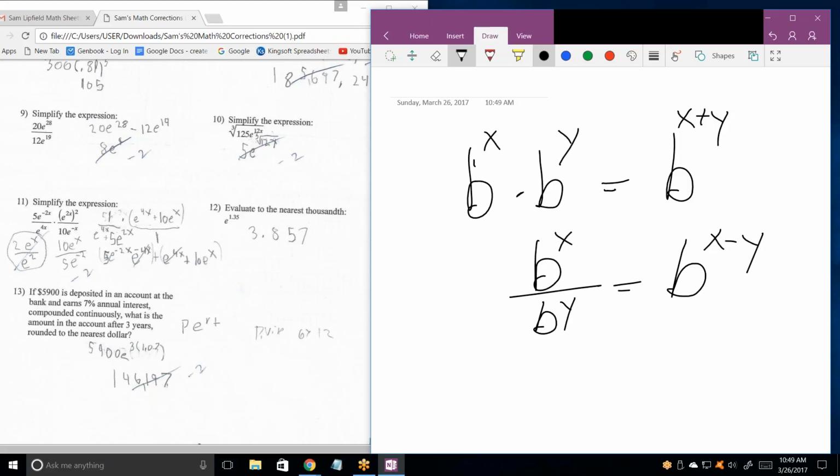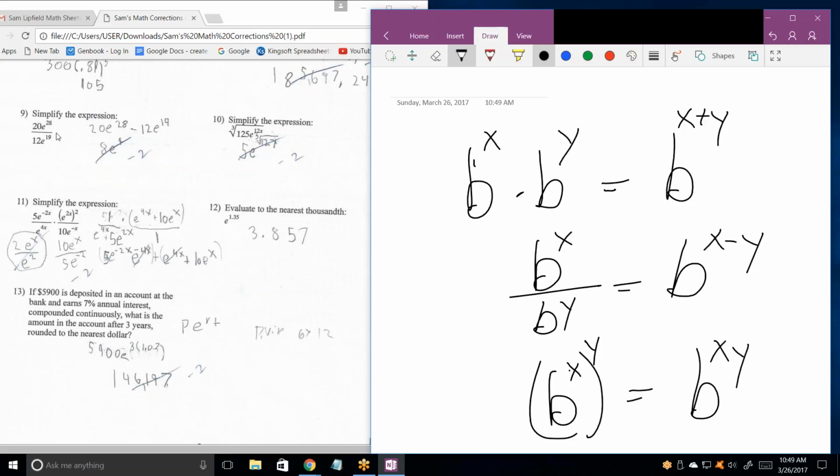And finally, b to the x, all taken to the y power, you're going to multiply exponents. Those are the 3 rules that govern all of these problems. So every problem we're about to look at, you got to know these 3 rules.